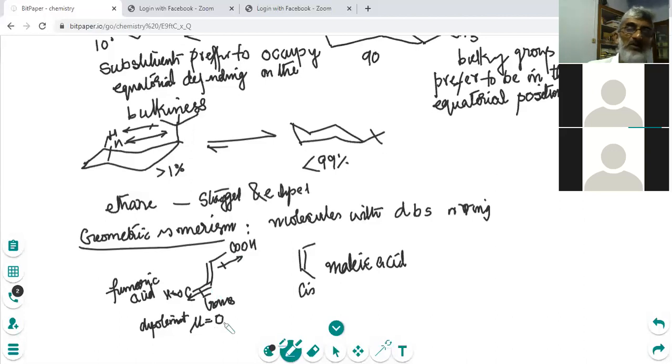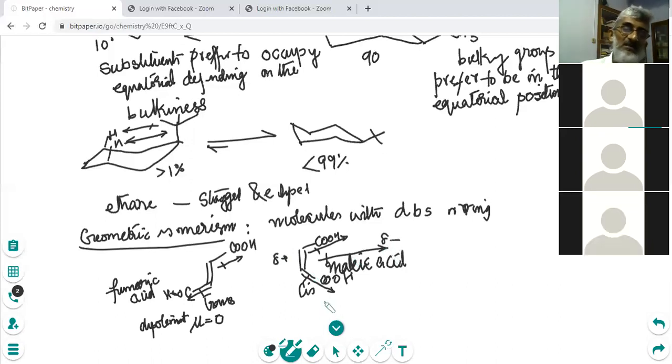The dipole moment is 0. But here, this is pointing this side, and this bond's dipole moment is pointing this side. So the resultant will be in this direction. This side is delta positive, this side is delta negative.